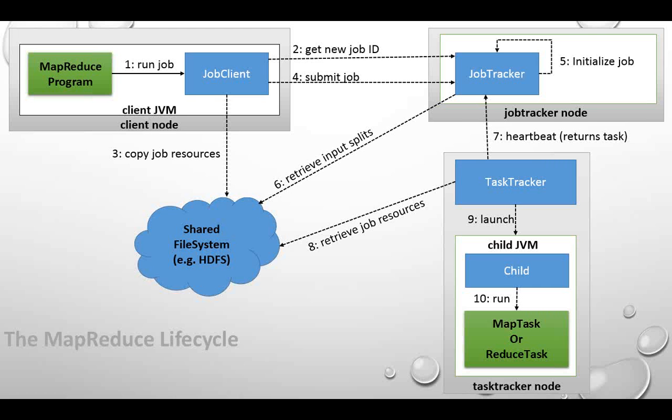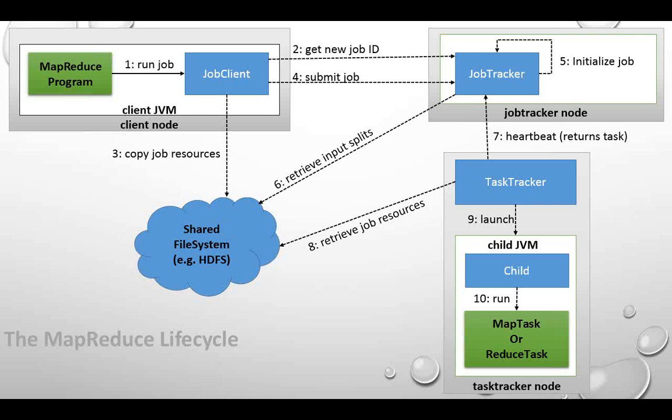The job tracker node is nothing but you can consider it as the name node. Because we are now talking about the MapReduce framework, we're talking about the job tracker node, but it's the same machine. Now you get the job ID. Once you get the job ID, the third thing is it's going to copy the job resources.